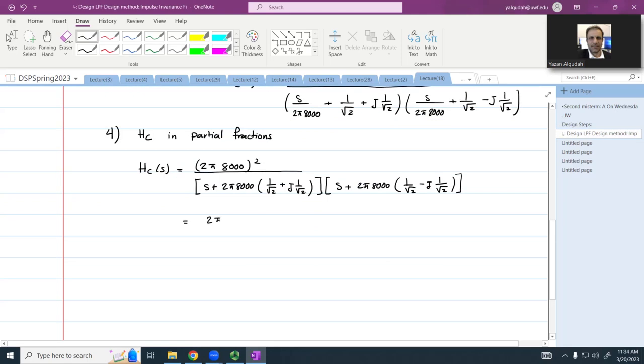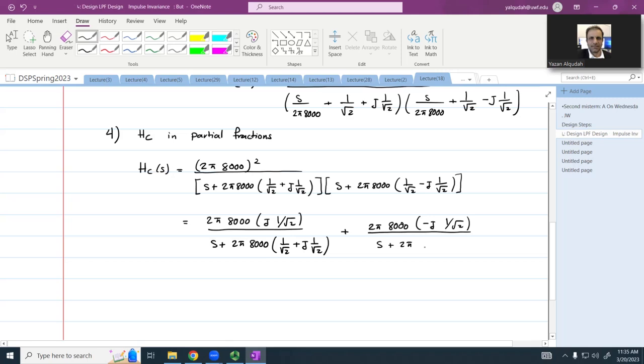This we can write as 2 pi multiplied by 8,000 multiplied by j 1 over square root of 2, divided by S plus 2 pi multiplied by 8,000 times 1 over square root of 2 plus j 1 over square root of 2, plus 2 pi multiplied by 8,000 negative j 1 over square root of 2 over S plus 2 pi 8,000 1 over square root of 2 minus j 1 over square root of 2.